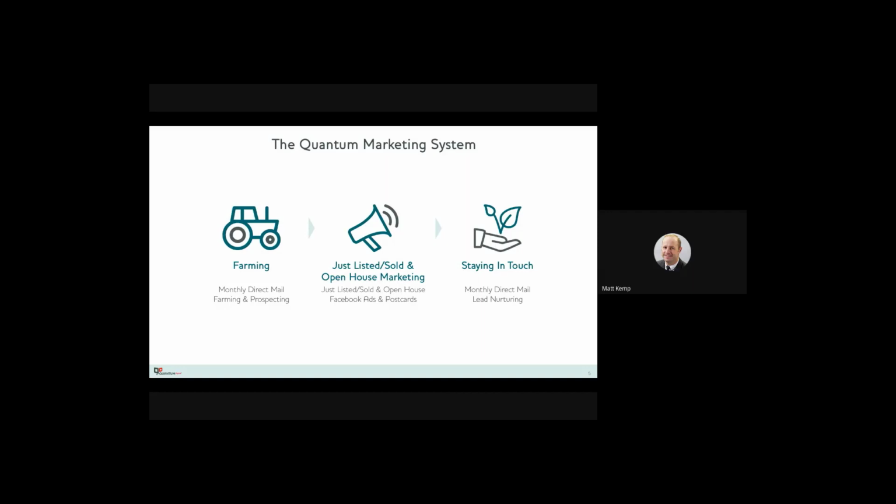This would be your Automail, where you set up your targeted direct mail for those areas. Just listed and just sold. Most of y'all should be very aware of that. We also have our Facebook ads. And then whenever you're gathering all of these contacts, you're adding them to your SOI, you're going to want to stay in touch. So that's where it goes also to our farming, lead nurturing, client follow-up, things like that.